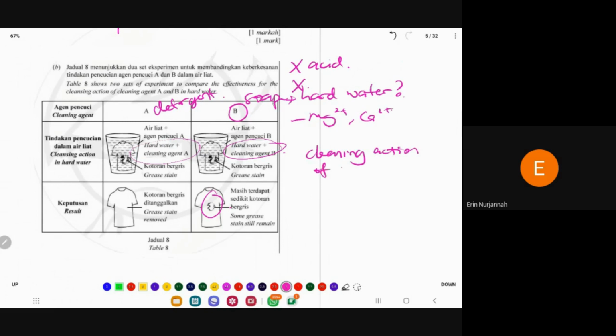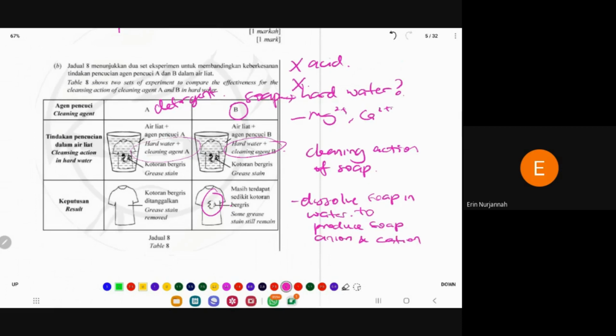Cleaning action of soap. First you have to say you dissolve the soap in water to produce the soap anion and cation. Okay, and then what happened?